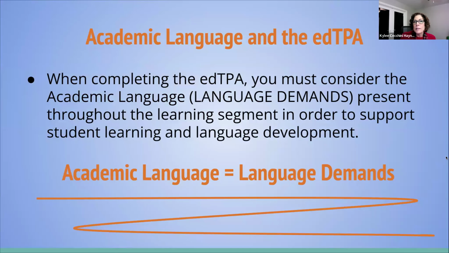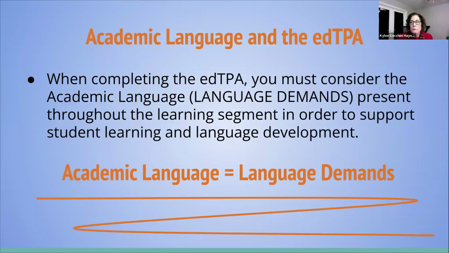So when you're completing the EdTPA, you must consider the academic language or language demands that are present in your learning segment. And I'll talk more about this to make this clearer.